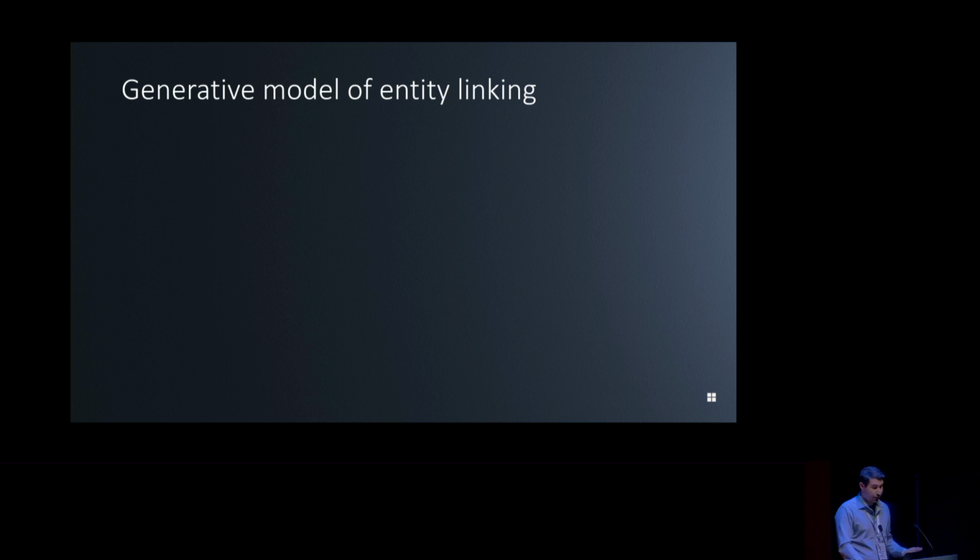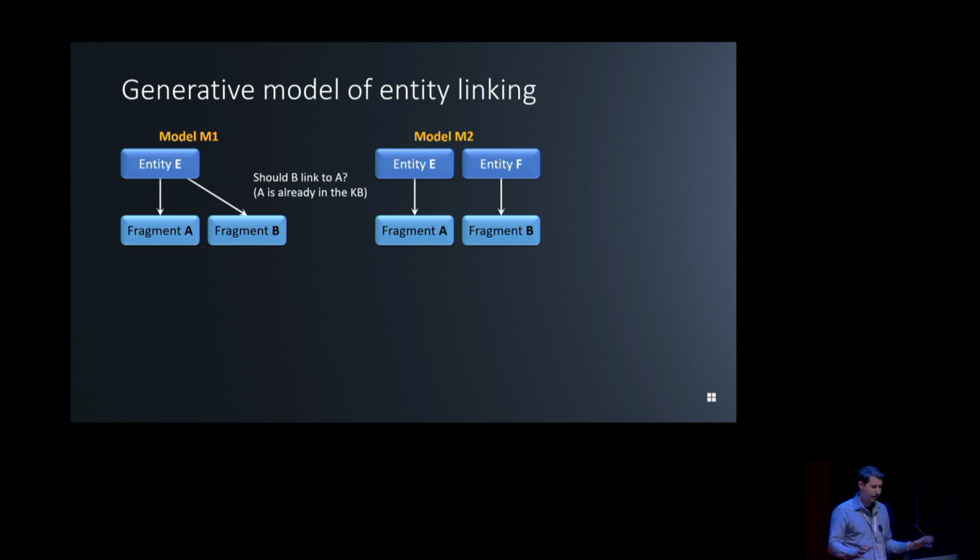We do it through a generative model. And in this generative model, what we'll compare is these two scenarios. B is a new incoming fragment to the knowledge base, A is a fragment already existing in the knowledge base, and then we'll ask the perennial question: should B link to A?